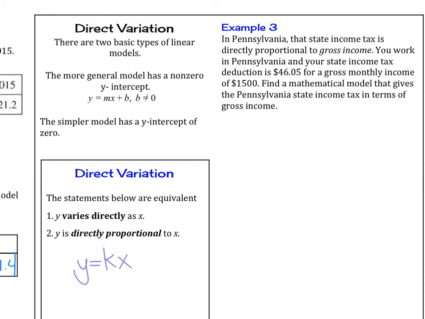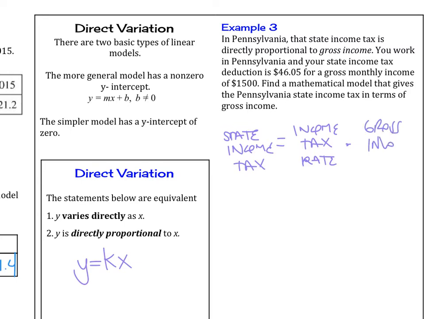We have our state income tax, and that's going to equal the income tax rate times the gross income. So let's add some variables in here. Income tax we're going to label as our y, income tax rate will be our k, and the gross income will be x.